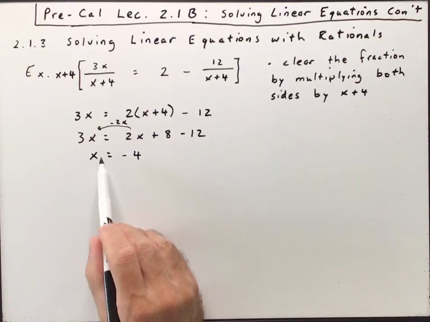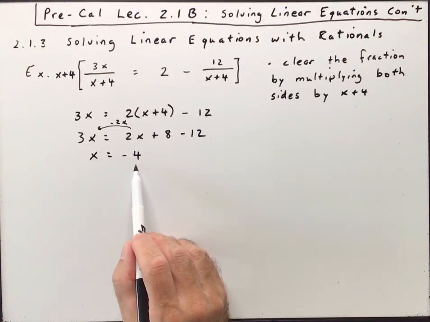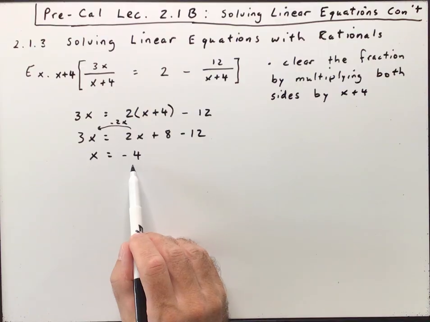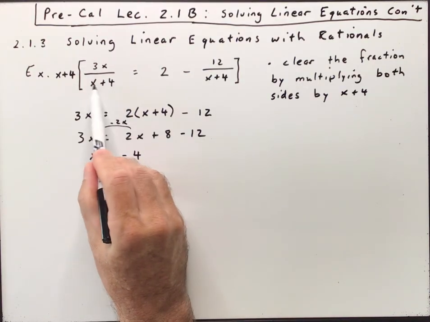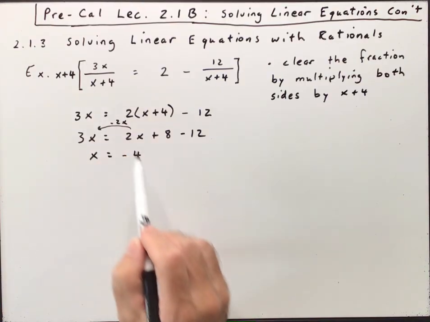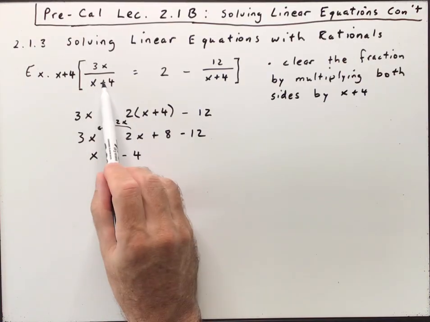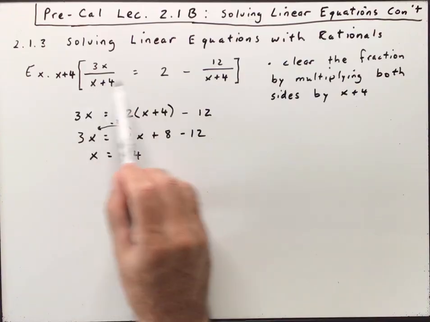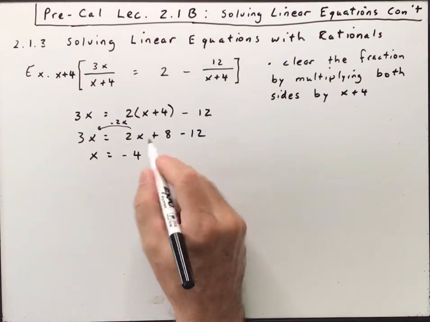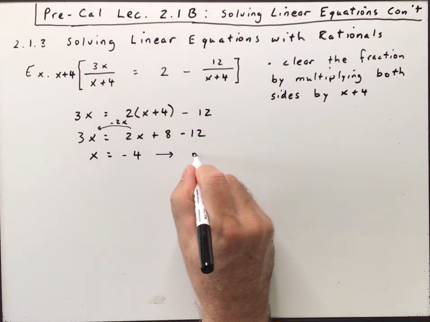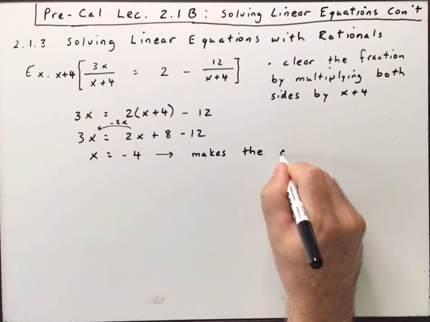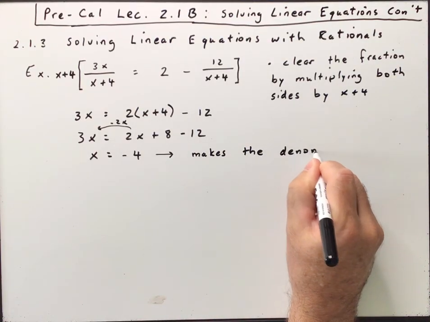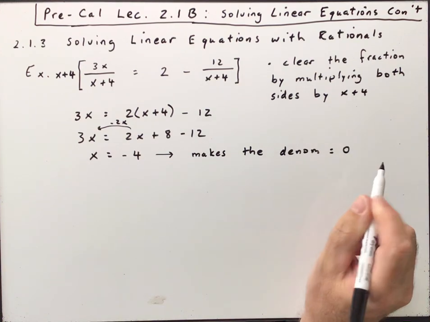Now you may want to circle that, but this example was chosen for a reason. You circle that and move on. What is the denominator? If you put in negative 4 for x, what does it make the denominator, in two places here? All right. Makes the denominator equal to 0.